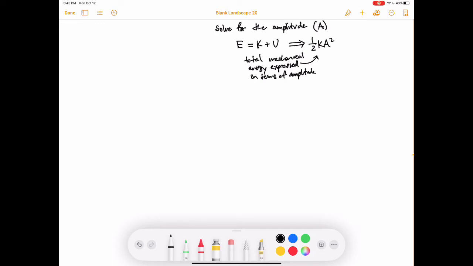So that's E. On the other side of the equation, we have the kinetic energy, which is 1/2 m Vx squared, and then the potential, which is 1/2 k x squared. So basically, we need to know both Vx and x at some moment in time.